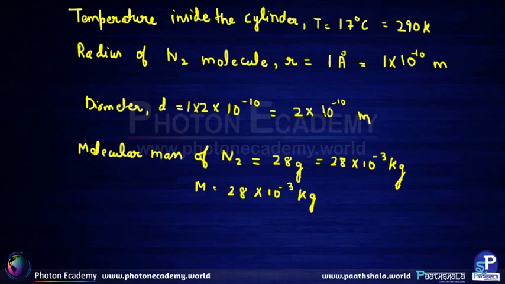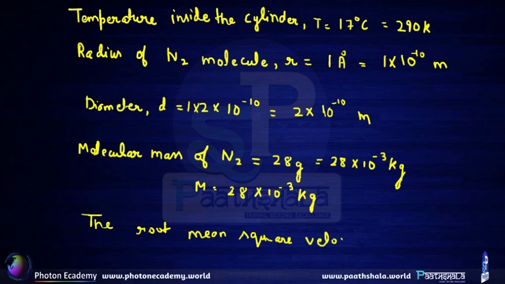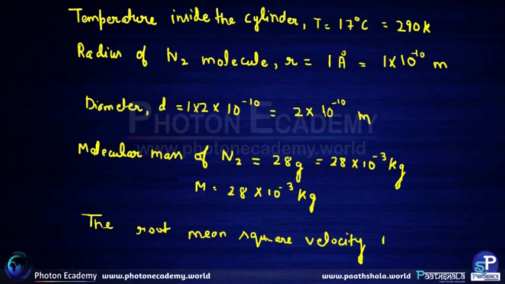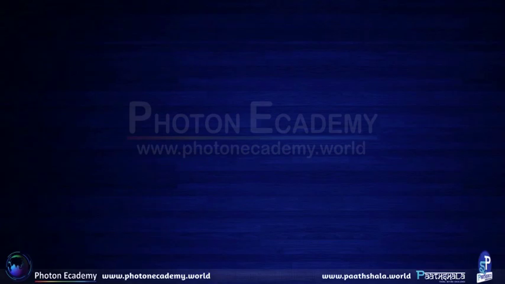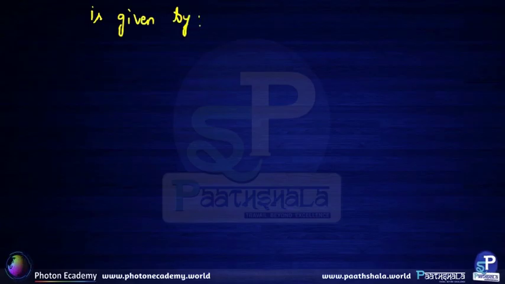So the root mean square velocity of nitrogen is given by, what's the formula of VRMS?